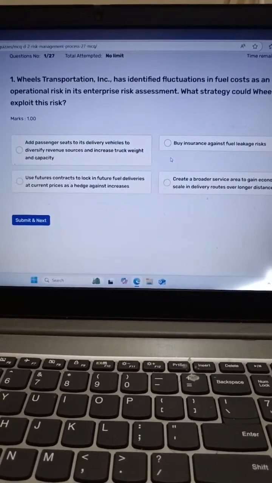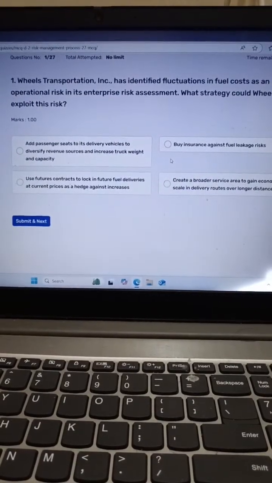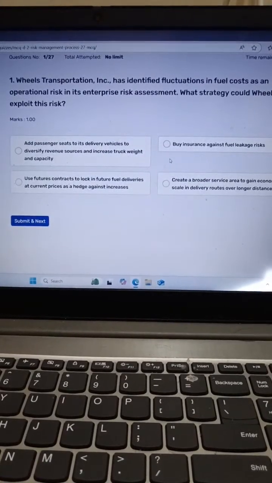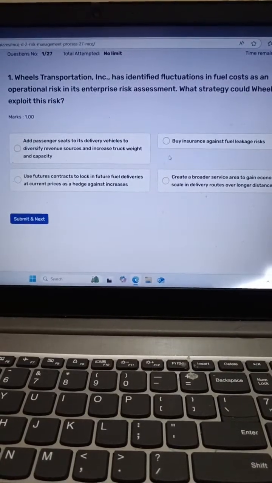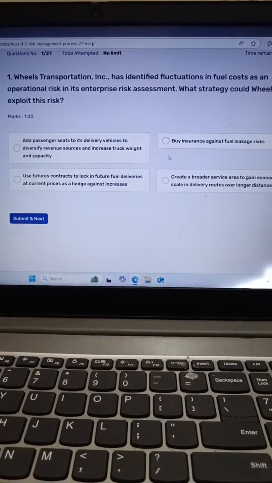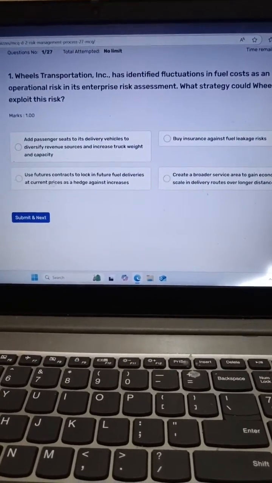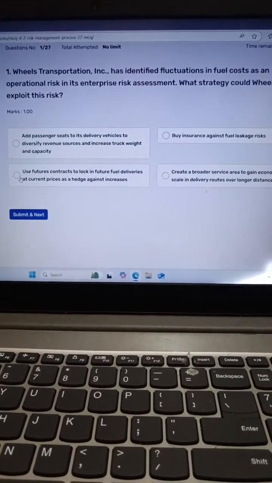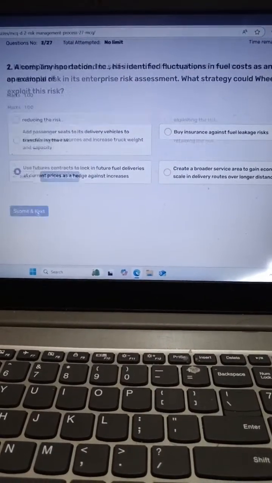We can hedge. Insurance is one option, but buying insurance against fuel leakage risks is not a proper way, and we should go for hedging. This question is all about hedging, but the question is just creating confusion for the examinee.